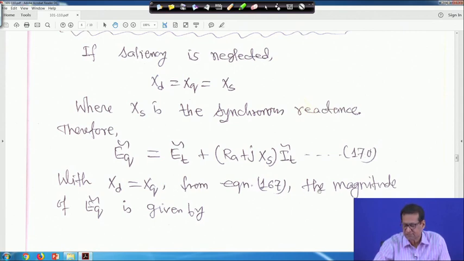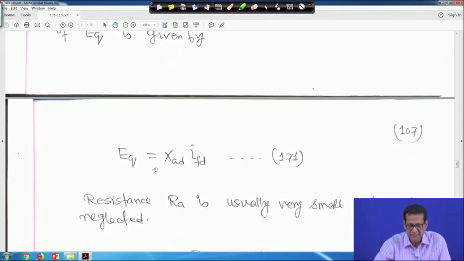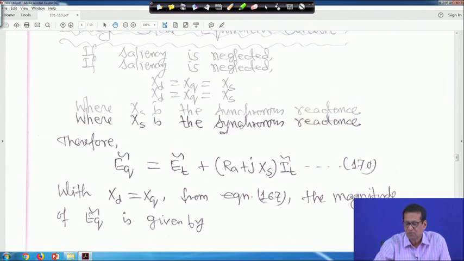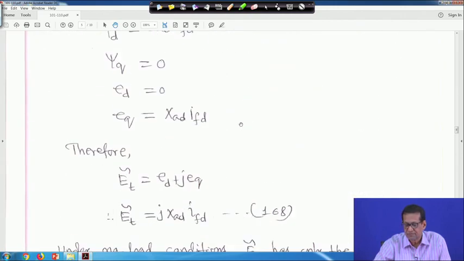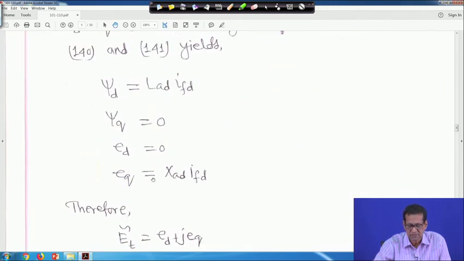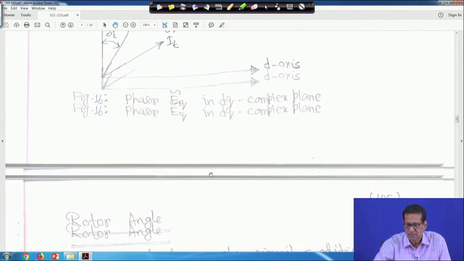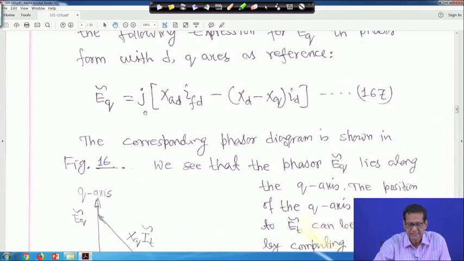From equation 167, the magnitude of Eq is given by Eq equals xad Ifd. Because xd is equal to xq, which is equal to xs, the xd term will not be there.